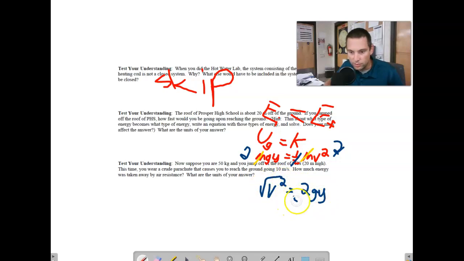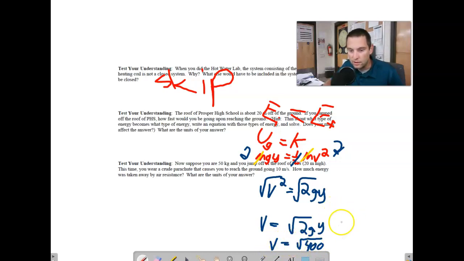We'll take the square root of both sides because the problem's not asking us for v squared, it's just asking us for v. So v equals the square root of 2gy. We know g to be 10, 2 times 10 is 20, and then the height is 20, so this is going to be the square root of 400.